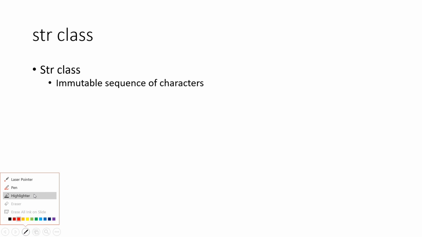String is basically defined as a class in Python. A string is an immutable sequence of characters. Immutable sequence of characters means once a string is defined, we cannot change any character in between. It's called an immutable sequence of characters.